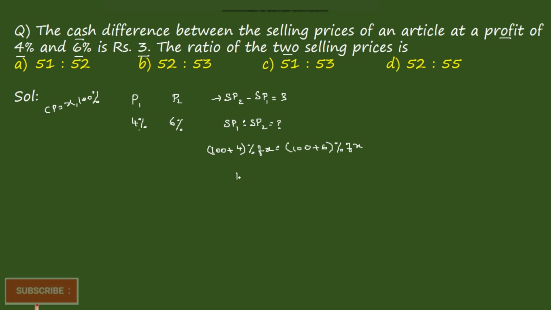So it becomes 104 by 100 X is to 106 by 100 X, right? 100 gets cancelled, X gets cancelled, 2 side goes by 52, it goes by 53. So ratio is equal to nothing but 52 is to 53. So the answer is option B.